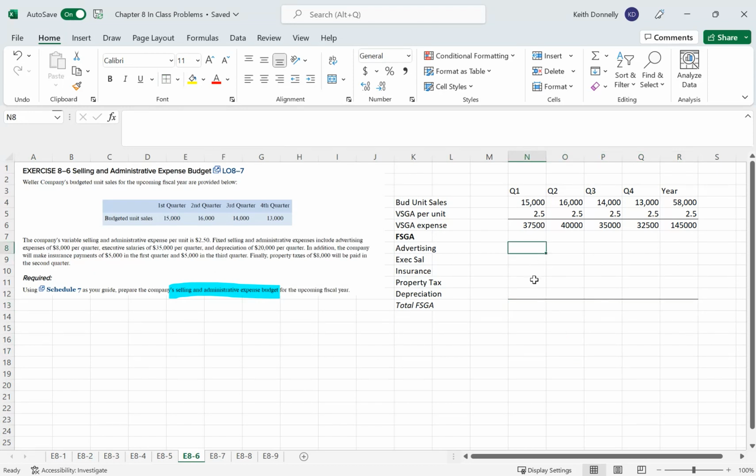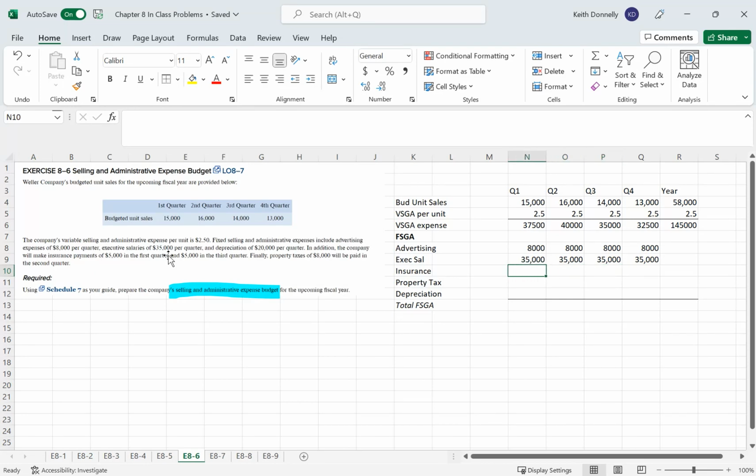So advertising, if we go over here, it says advertising is $8,000 per quarter. So all quarters are $8,000. Executive salaries, if we go over here, $35,000 per quarter. Okay. Insurance. Let's see. It says the company will make insurance payment of $5,000 in first quarter and $5,000 in third.